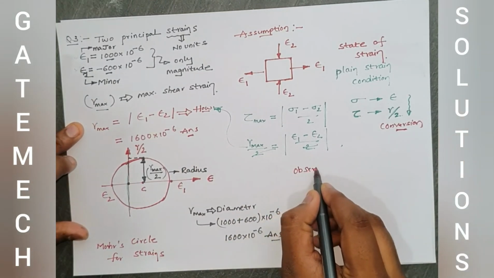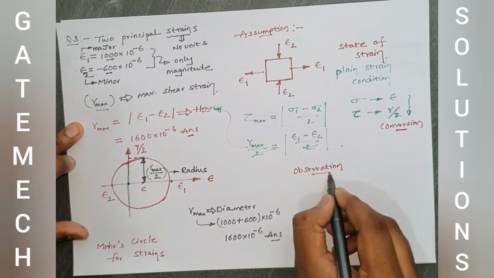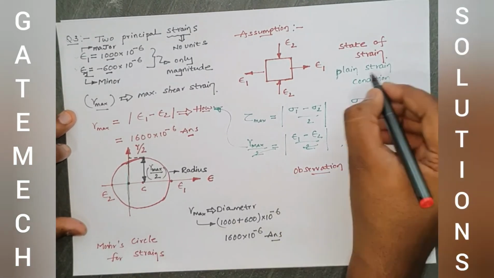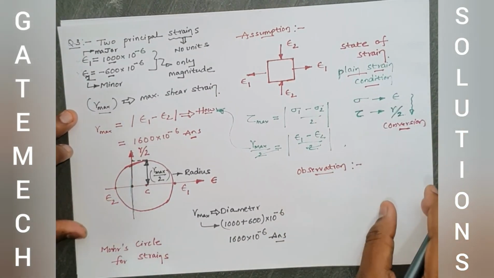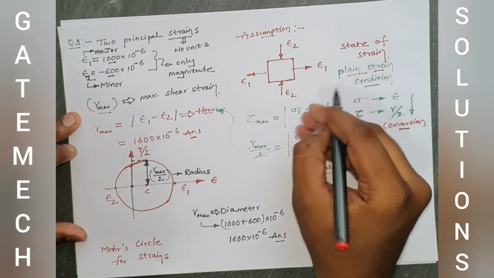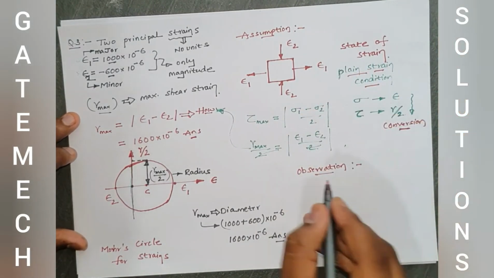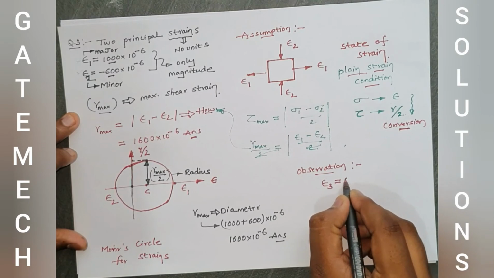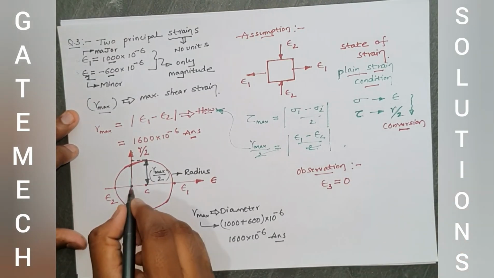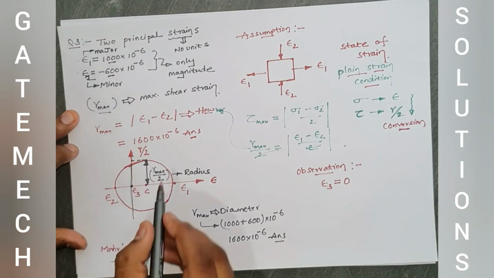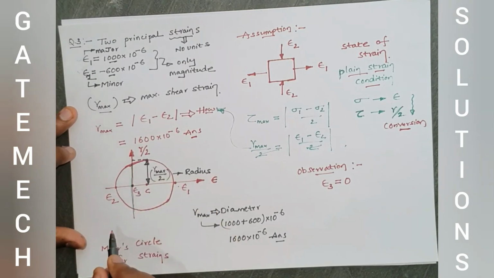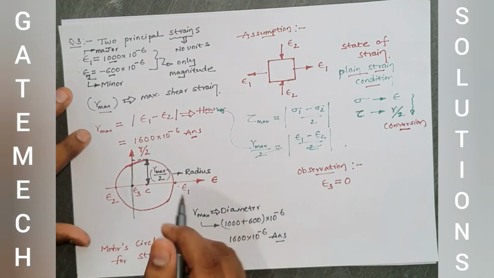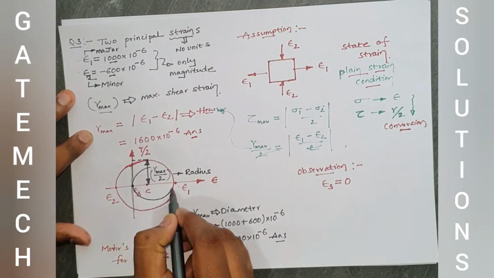What is the observation that we can make? As we know, this is a plane strain condition. We are not considering any values in the third perpendicular direction. Let us say if you consider, then epsilon 3 we have to take as 0. Then epsilon 3 will be there. By using 1 and 2, this is a Mohr circle. Then by using 1 and 3, one more circle we can draw.